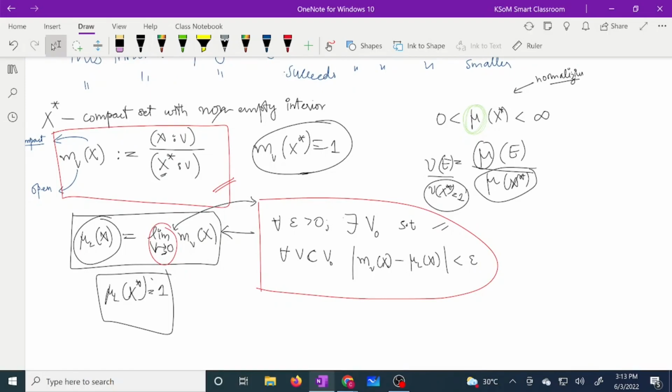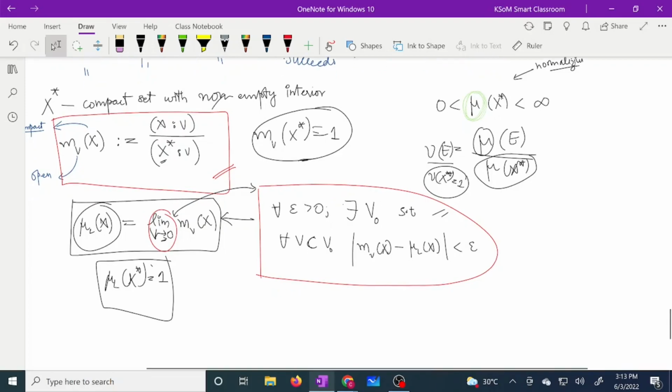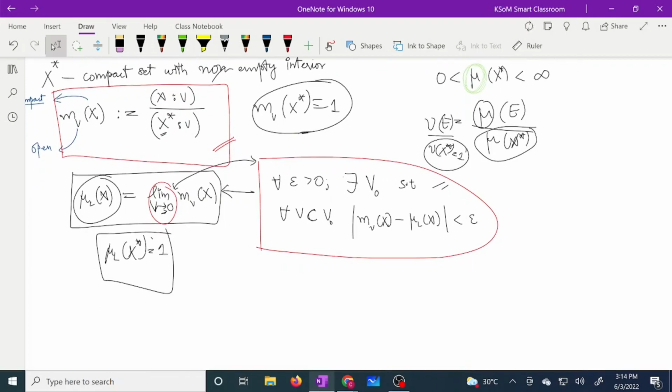So if I choose my mu L of x star to be equal to 1, then this is always satisfied, right? Whether this is well defined or not is another question. All those questions will be answered in the proof, and for that I will direct you to the proofs.